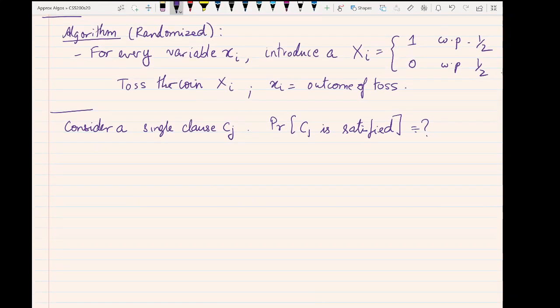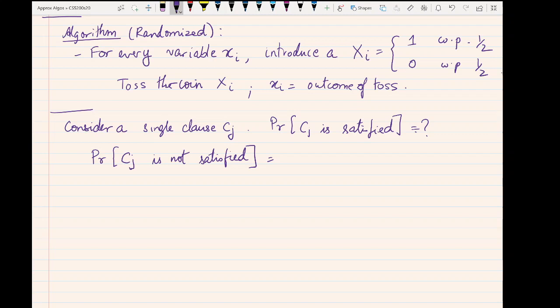So we'll actually compute this probability by looking at the probability that Cj is not satisfied, and Cj is not satisfied exactly when all the literals involved in the clause Cj take the value 0.